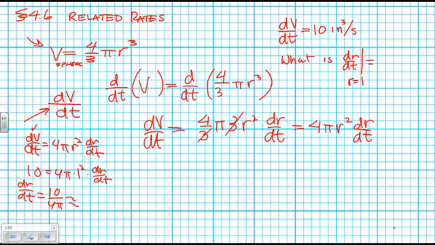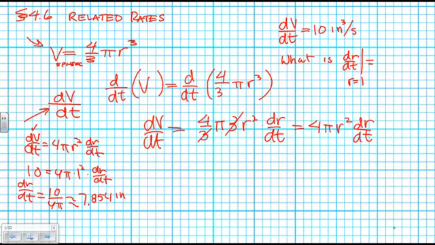7 point, one more time? 854. Units, please. Nope, not inches cubed. This is a measurement of how radius is changing.